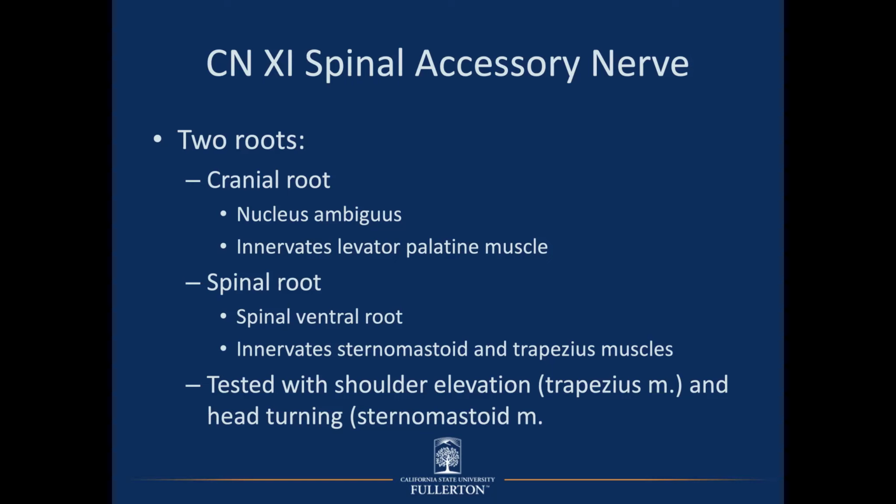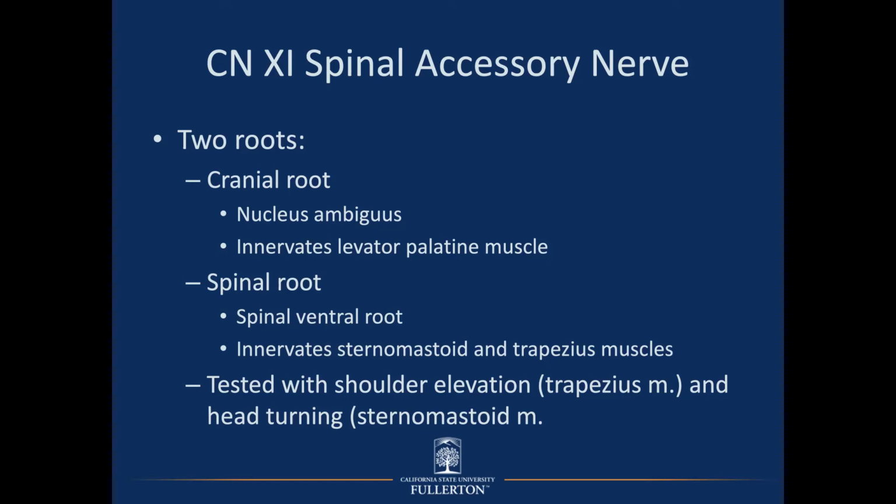Also, this nerve controls the sternomastoid, which turns your head. And you can feel this on yourself. If you turn your head strongly to the right, I'm using the left muscle. So you will find weak head turning to the side away from the nerve damage.